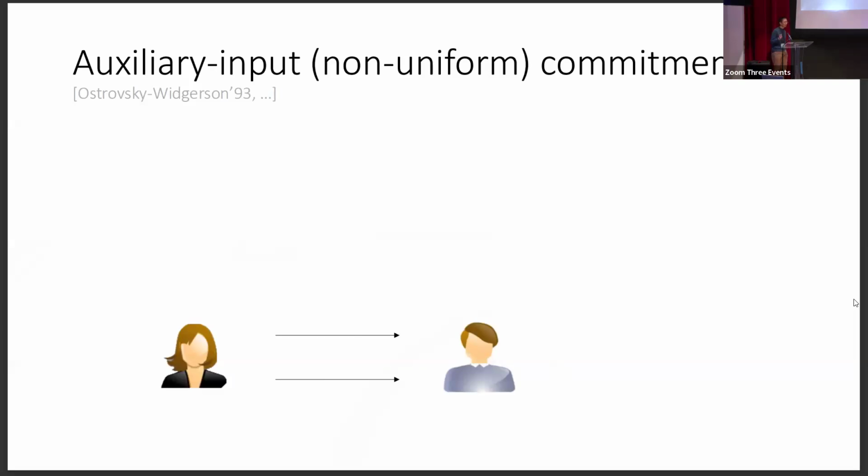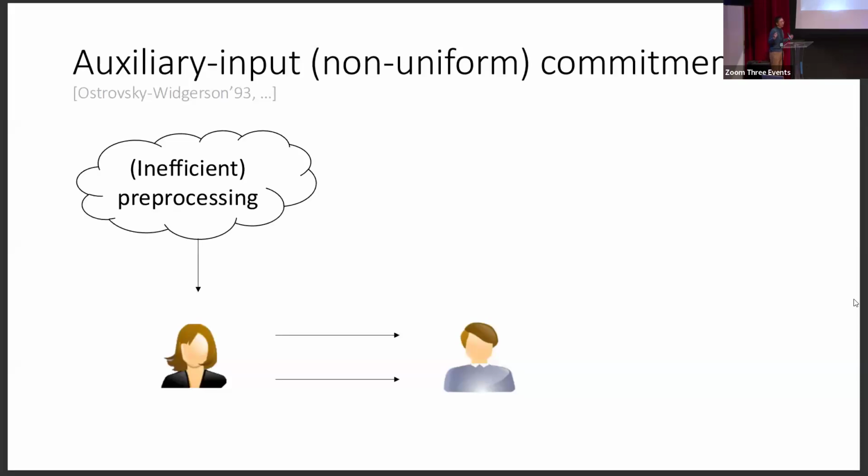But before I talk about the quantum setting, let me first remind you of the classical setting. Classical auxiliary input cryptography is something that was already studied back in the 90s. In the case of having a commitment, what that means is that each party can do some possibly inefficient pre-processing.